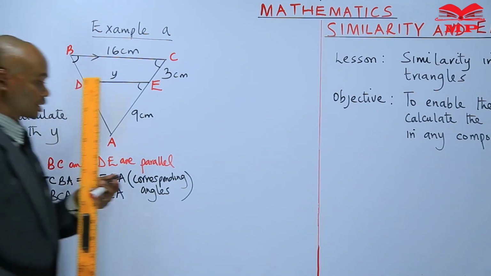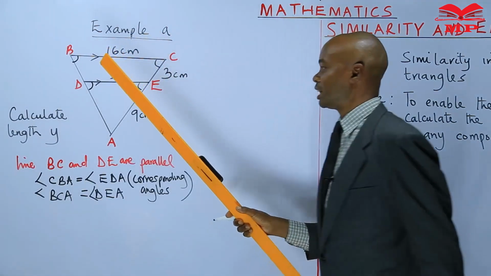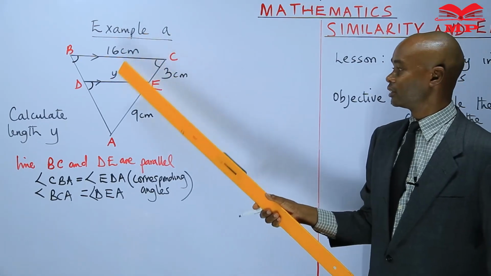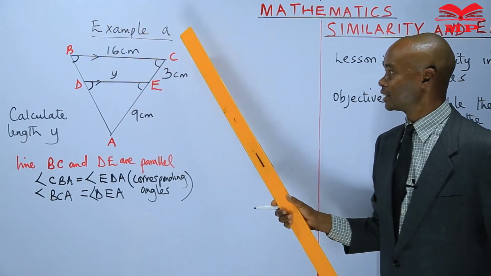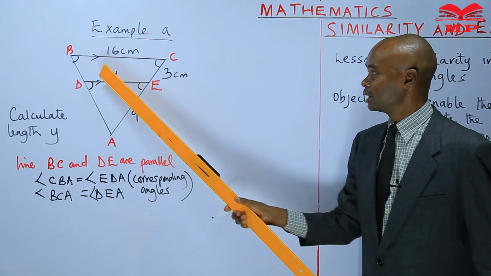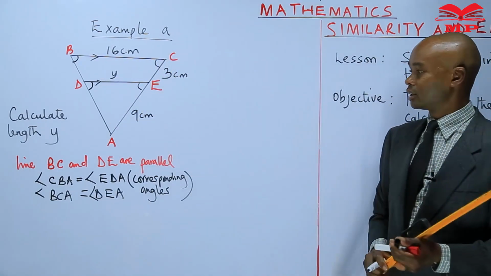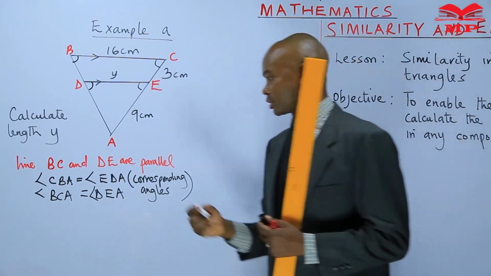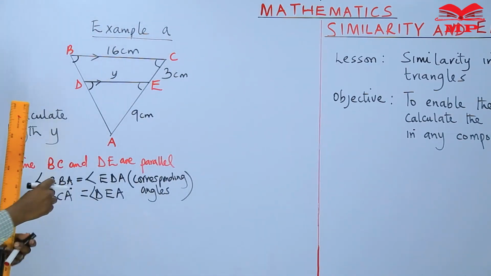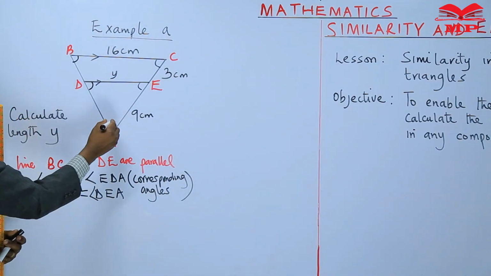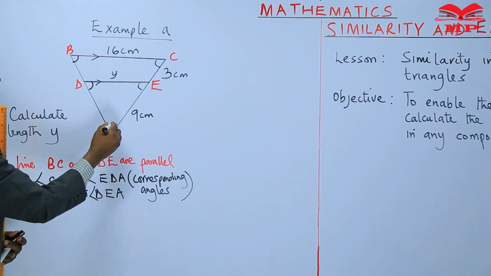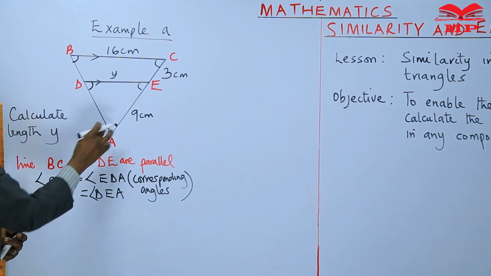And the angles I'm talking about are actually angles in the first triangle, A, B, C, and angle A, D, E. So you realize two pairs of the angles are equal. So this is a common angle to both the triangles.